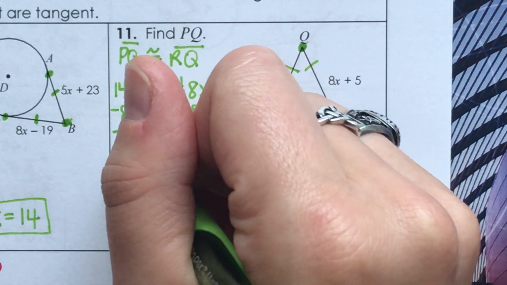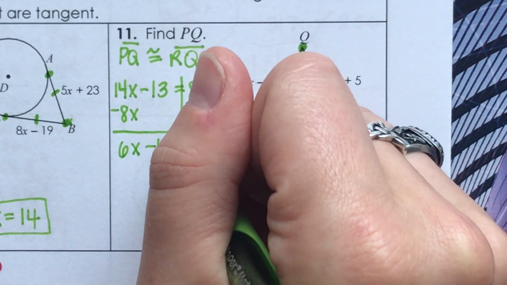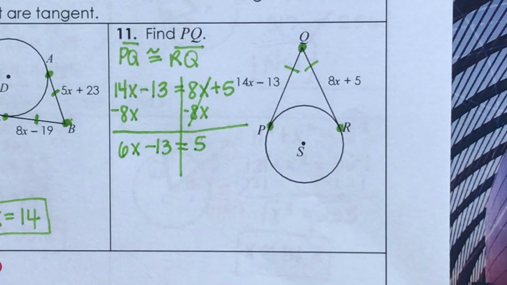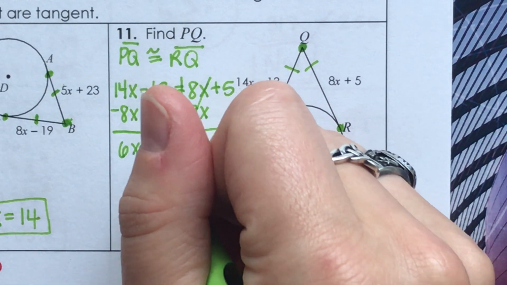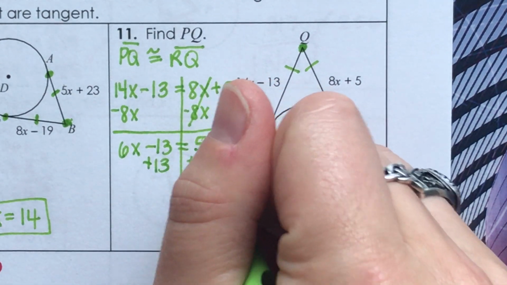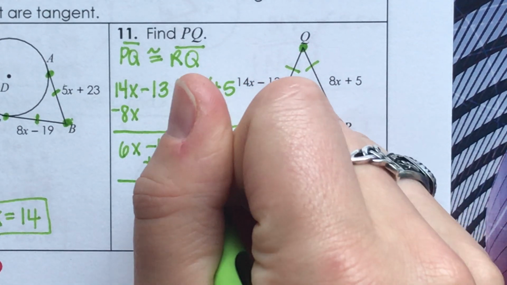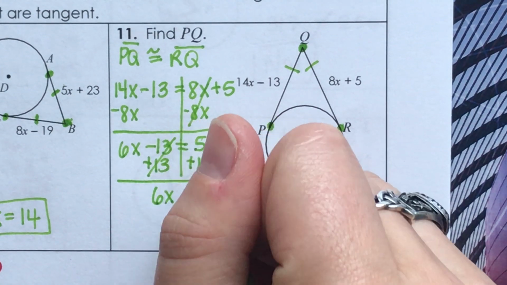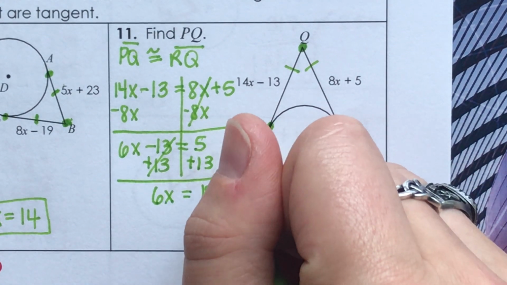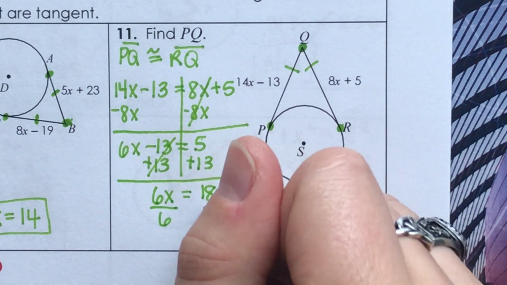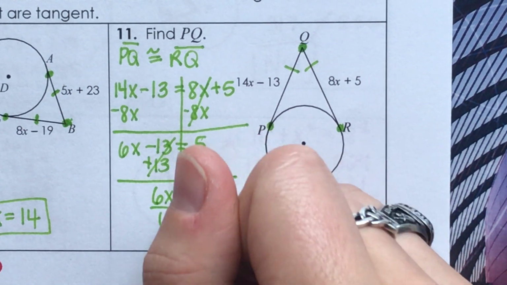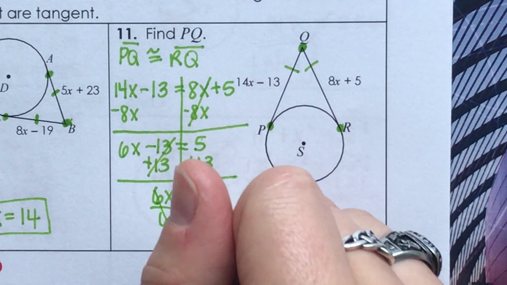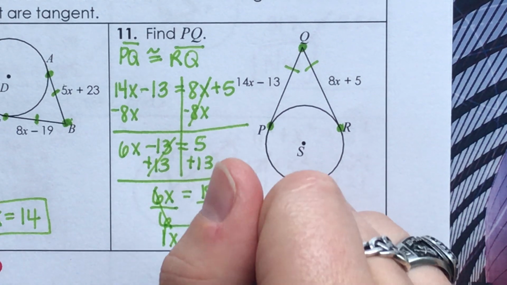I get 6x minus 13 equals 5. Then I add 13 on both sides. I get 6x equals 18. I divide by 6. I get x equals 3.